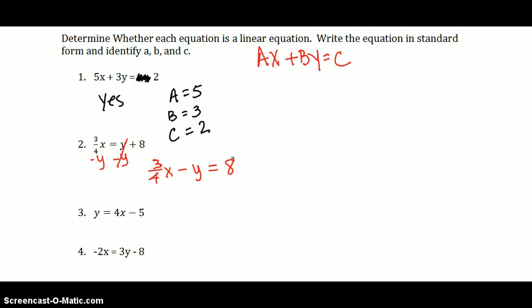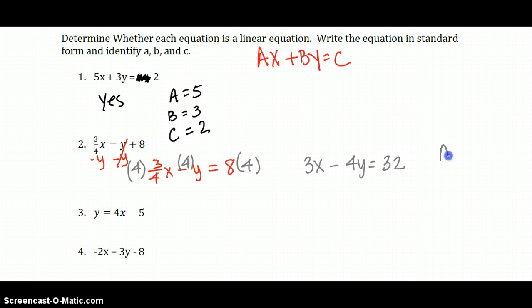Now remember that box up above, it says that a has to be an integer. That's the rule that I'm breaking here. It's not an integer. So remember, you've got the power to change this to an integer. If I'm going to multiply the a by 4, I have to multiply everything in this whole equation by 4. And that's going to give me the result 3x minus 4y equals 32.